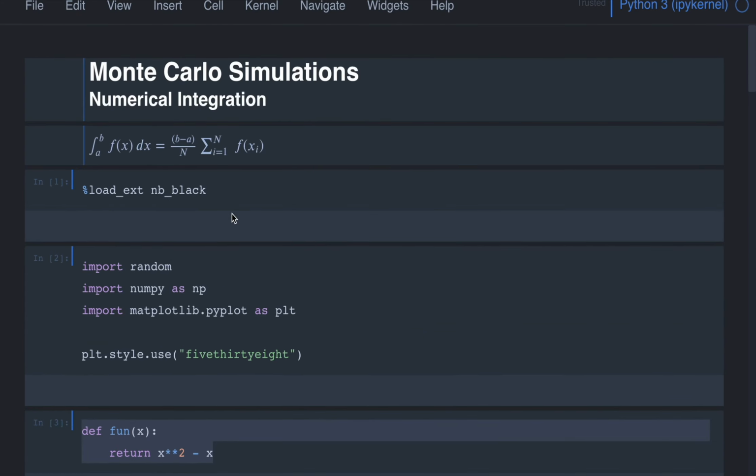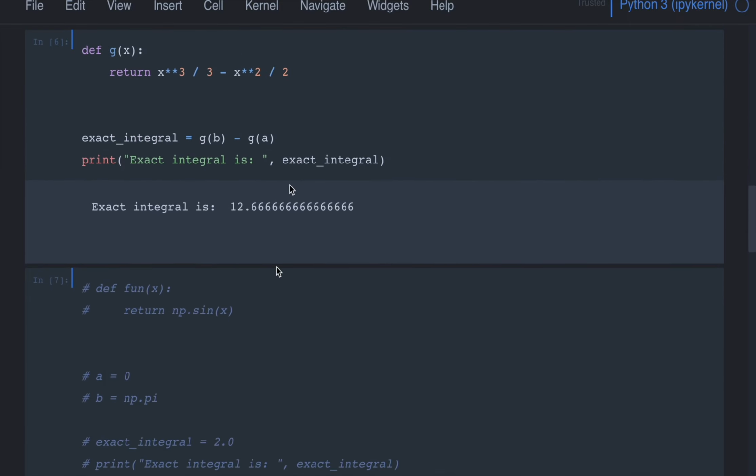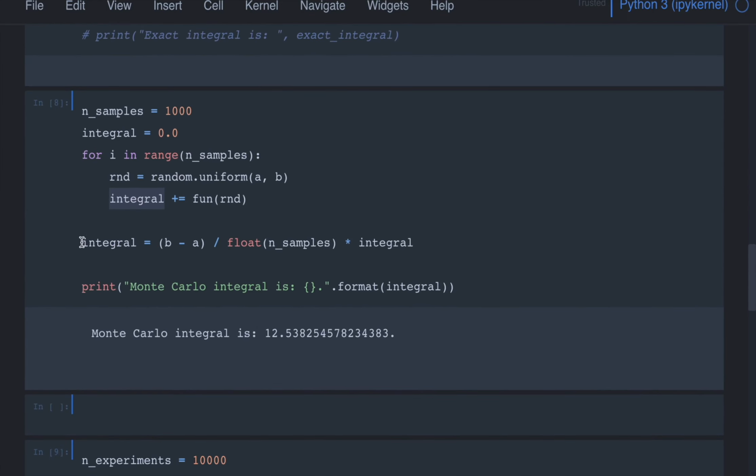By this time, we have computed the summation over n number of points randomly and uniformly sampled between A and B. Then, in order to calculate the integral, we just need to multiply with this factor: b minus a, the upper limit minus lower limit, divided by the number of samples we took.